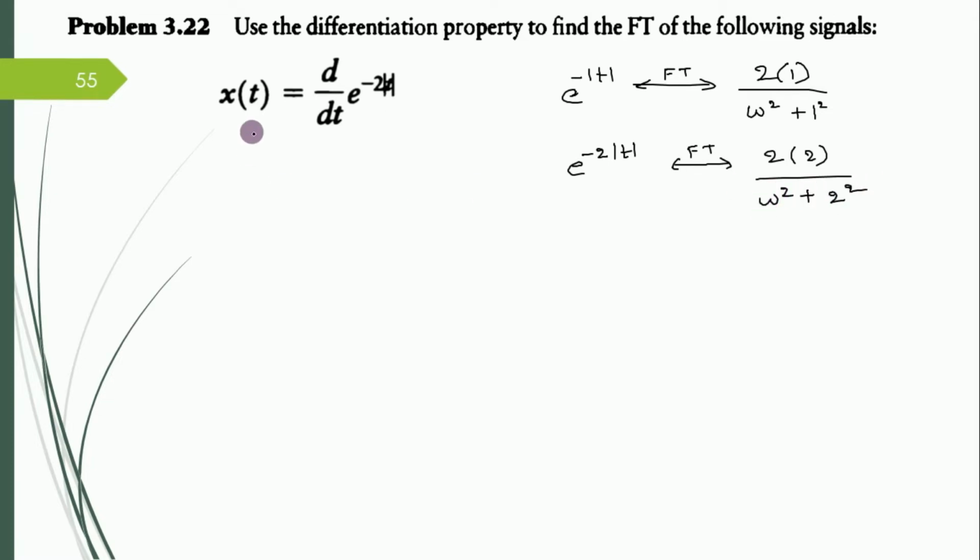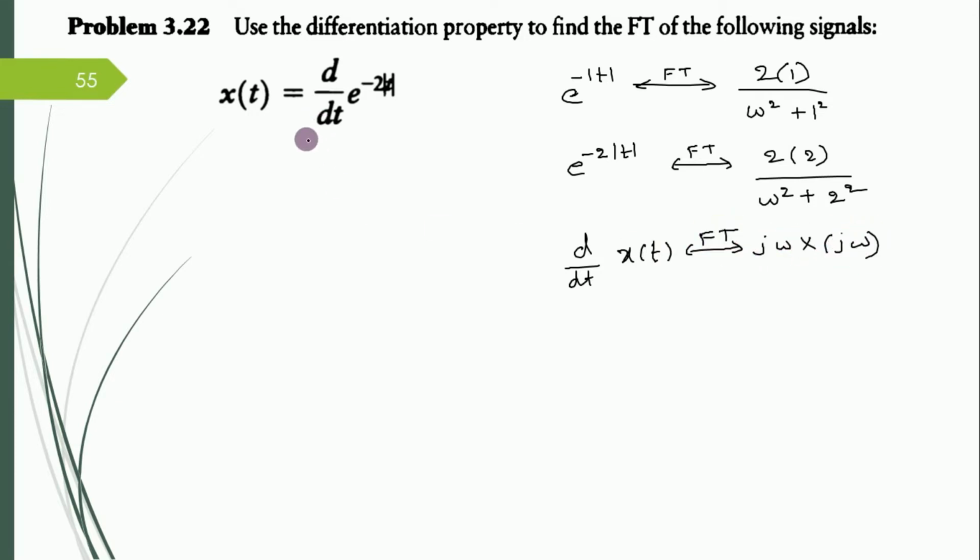So hence, the differentiation property, again I write it here: d by dt of x of t has the FT pair j omega X of j omega.